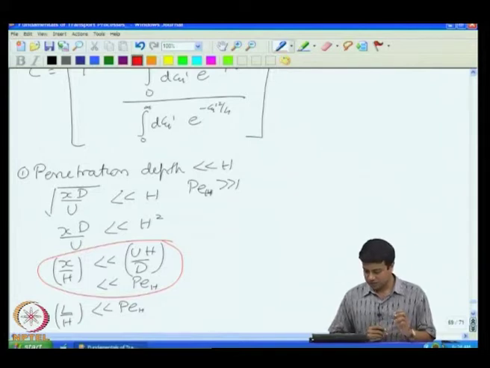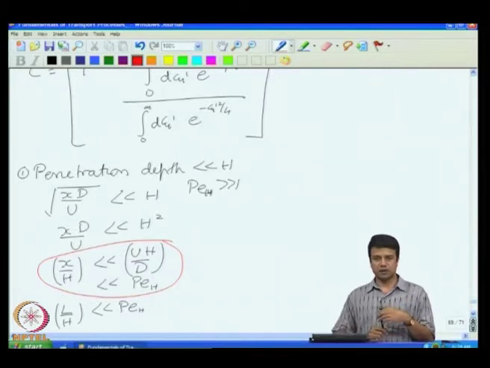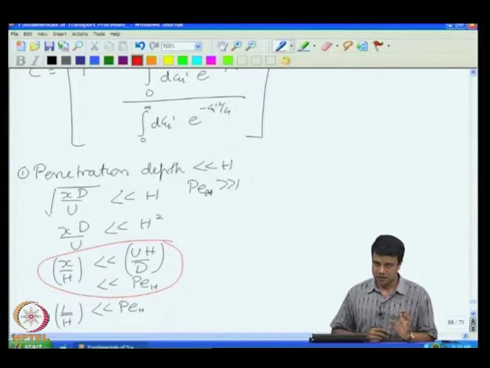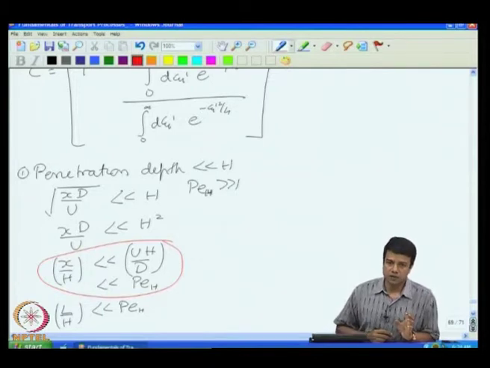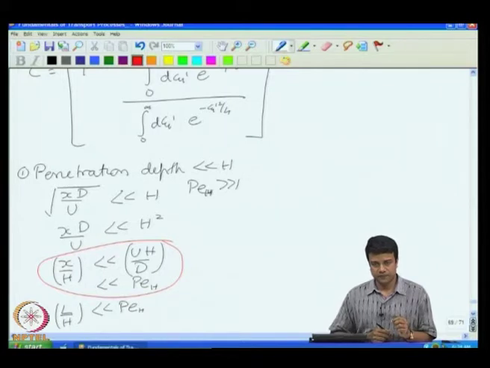So long as L by h is small compared to the Peclet number based upon the total length of the film, we will find that we can approximately assume that the penetration depth is small and that the velocity is approximately a constant near the surface.